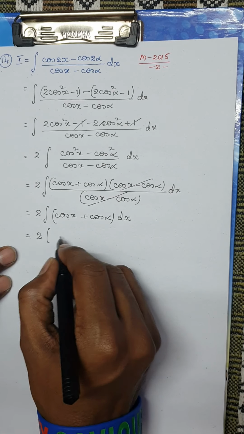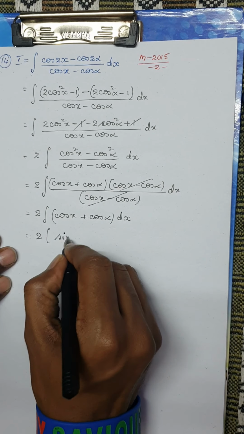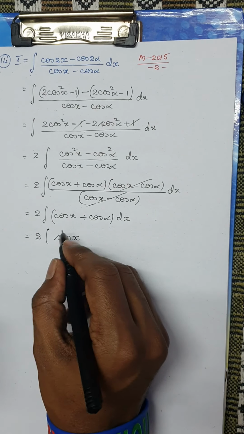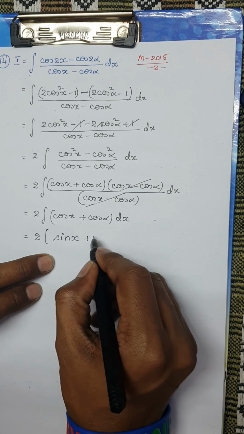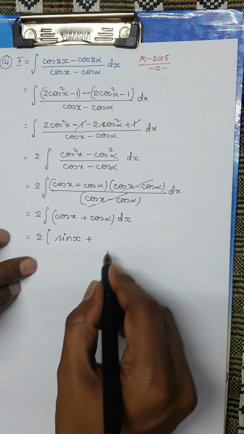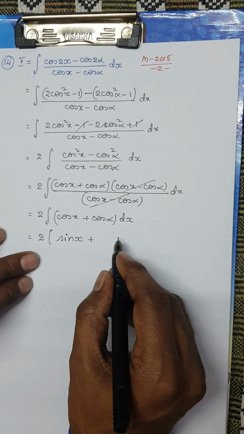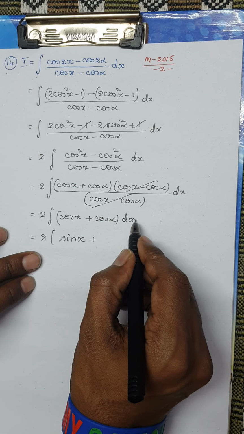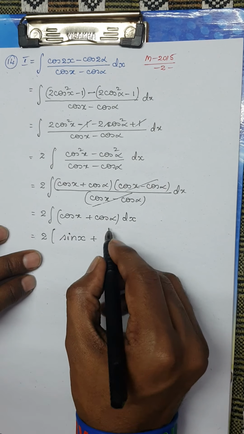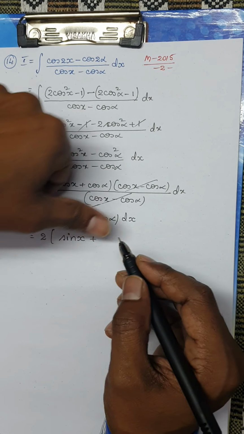Now the integral of cos x is simply sin x, we know it, plus, now sometimes if I ask you what is the integral of cos alpha, don't write sin alpha because alpha is a constant. You are integrating with respect to x, so alpha is a constant, so you have to keep the constant as it is.